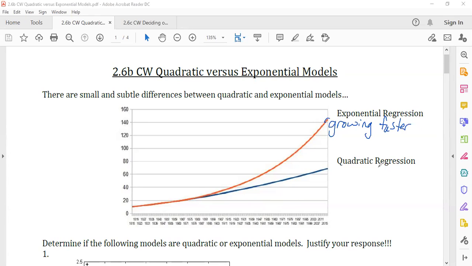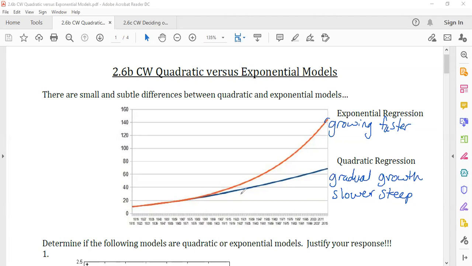Whereas a quadratic, comparatively, is more of a gradual growth. It's a slower steepness.